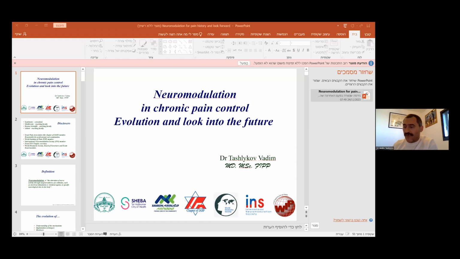But now we know very well that gate theory has a relatively small value in this treatment, and there are a lot of other mechanisms we can mention here. Antidromic activation of a segmental inhibitory circuit, or orthodromic activation of that circuit in the brainstem, resulting in descending inhibition.